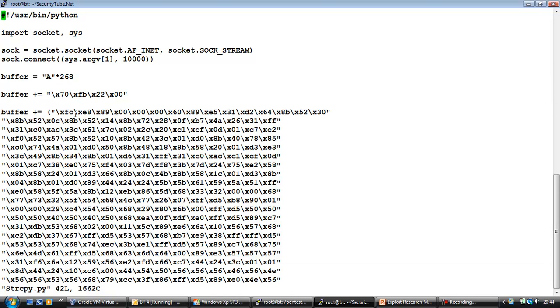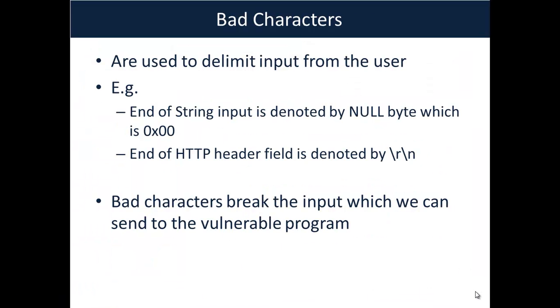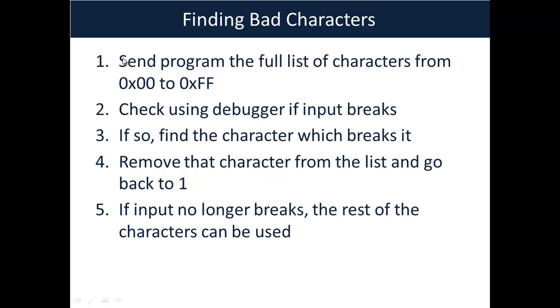So this is a problem, in which case what we figured out is 0x00 is actually the bad character. Now how do we verify this? The whole idea behind verification of bad characters is in the next slide. Now what we need to do is send the program the full list of characters ranging from 0x00 to 0xff, and then using a debugger just like we did right now, we need to figure out if input breaks.